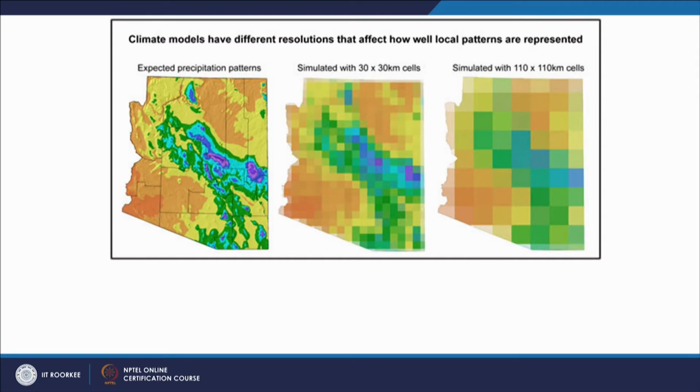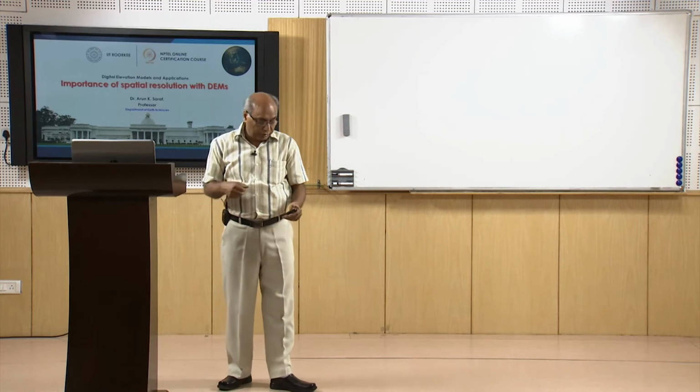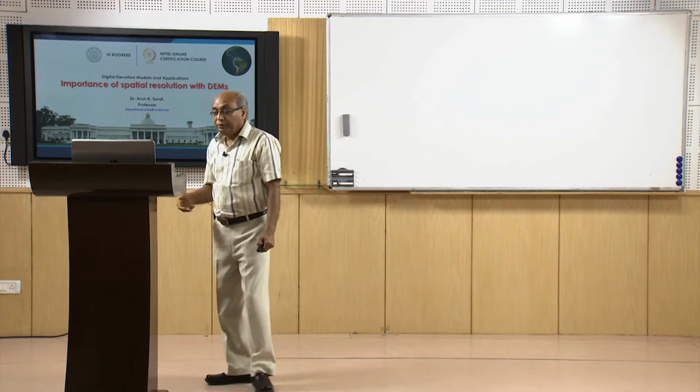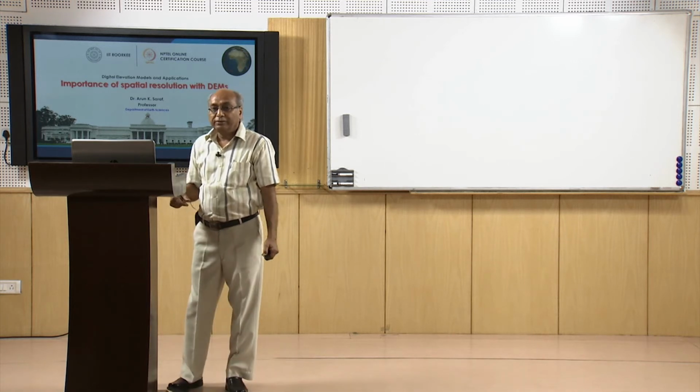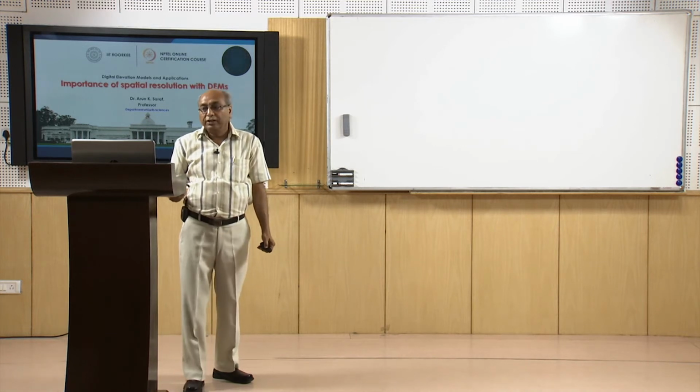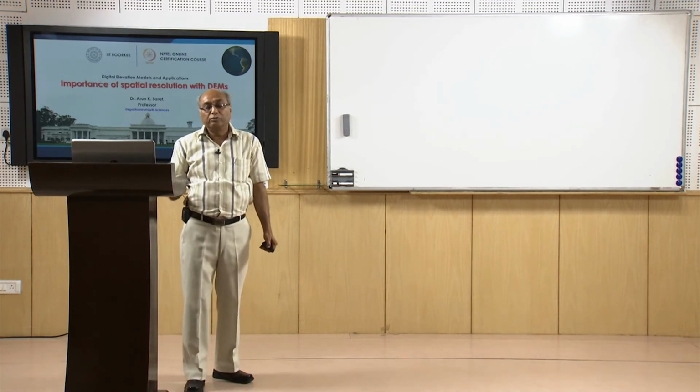So we sometimes try to bring a resolution close to that. Also the spatial model we are using may require that the grid size should not be more than this and each cell should be of this size.